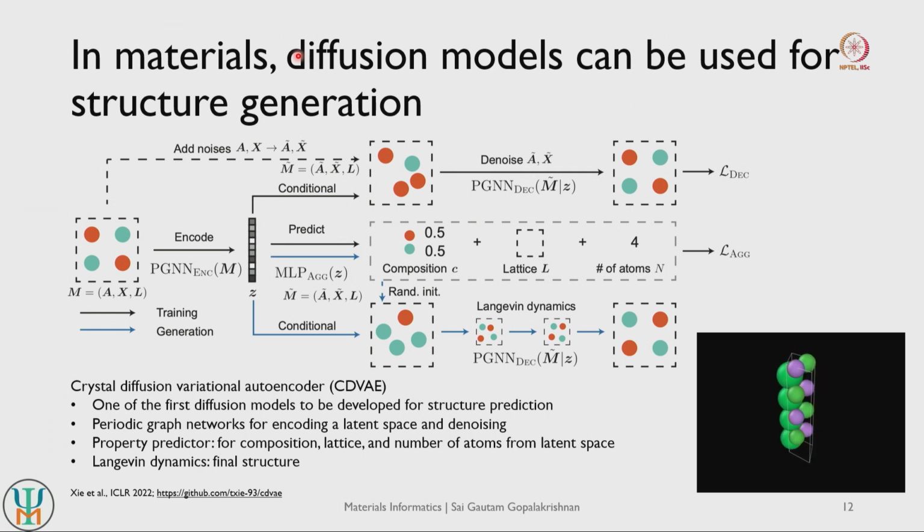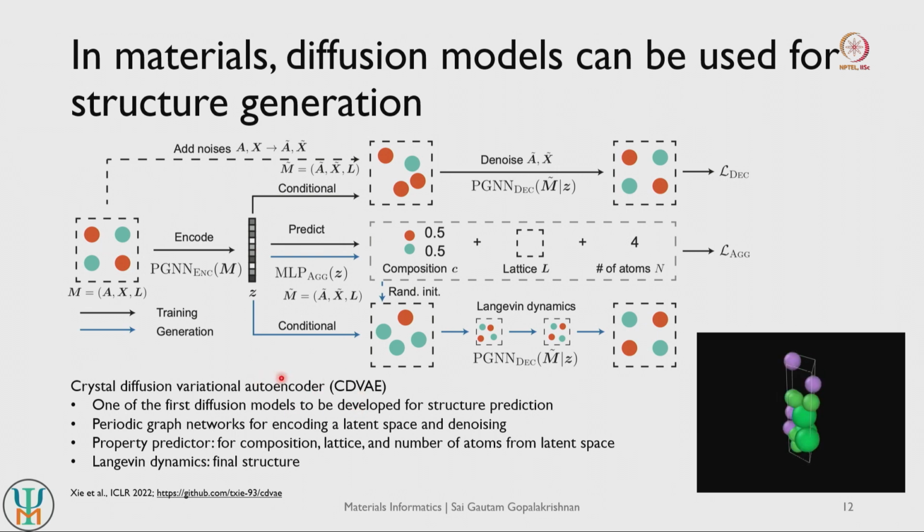Same thing with message passing. You first learn from nearest neighbors and then go all the way to next nearest neighbors and more advanced long range interactions. So if a model works reasonably well with images, you can expect it to work reasonably well with structures as well, with crystal structures as well. And that is how diffusion models were actually explored within materials for the purpose of structure generation.